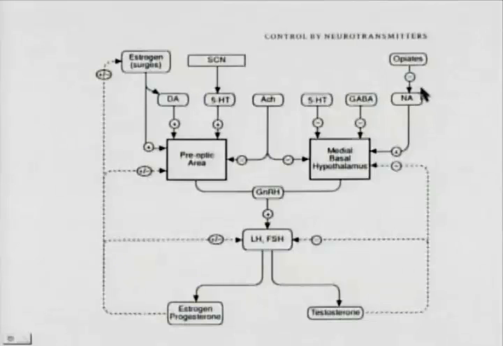And exogenous opiates can act here on the noradrenergic neurons and decrease GnRH, inhibiting the HPG axis altogether. And then, of course, the gonadotropins stimulate estrogen, progesterone and testosterone synthesis and secretion, each of which has negative feedback on the different levels. And the estrogen, of course, has a role in switching from negative to positive feedback.